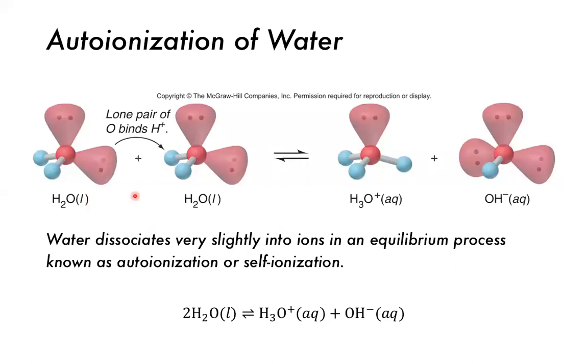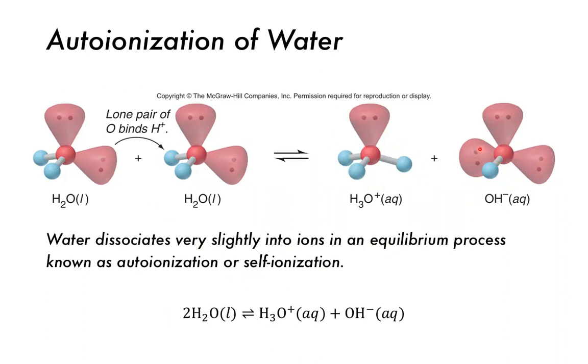Now it's very weak, but still present. Water dissociates very slightly into ions in an equilibrium process known as autoionization or self-ionization. Usually you'll see autoionization used more than self-ionization, but it's a term that may be used. So with two water molecules, like these two, one will use its lone pairs to bind a hydrogen ion on the other water molecule and abstract it, so that we have an H3O+ formed and an OH-.